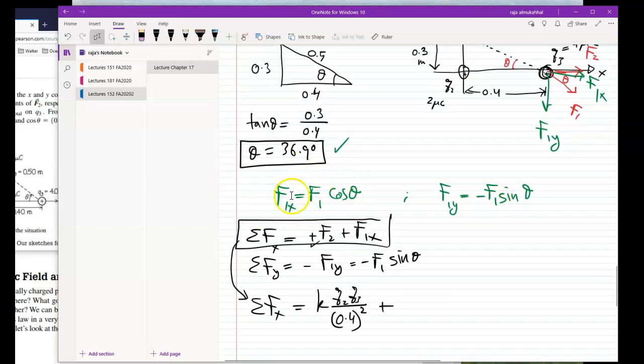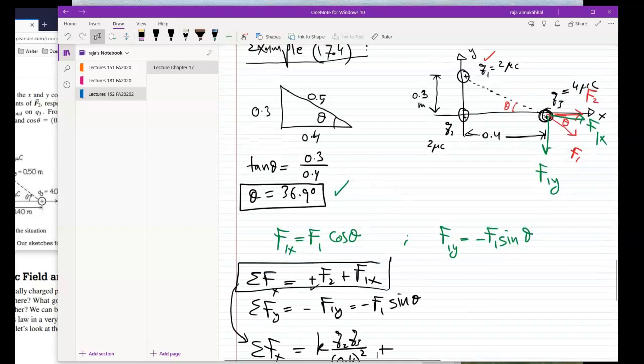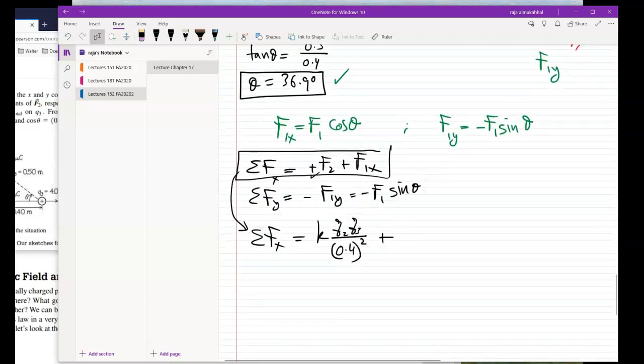So that's going to be F1, which is basically what? F1 is K Q1 Q3 over the distance between them, which is the hypotenuse. Is that right? So that's going to be K Q1 Q3 over the distance between them, 0.5 squared.